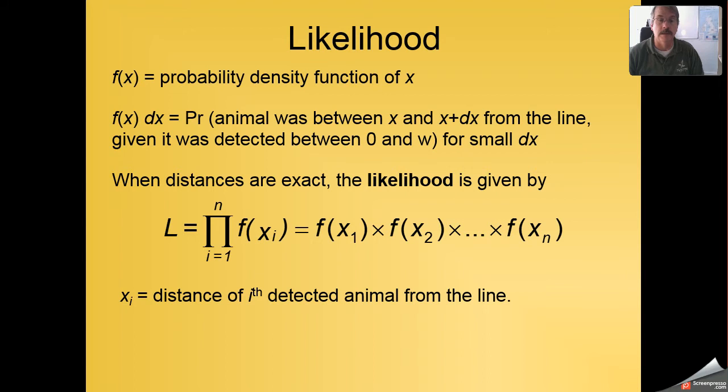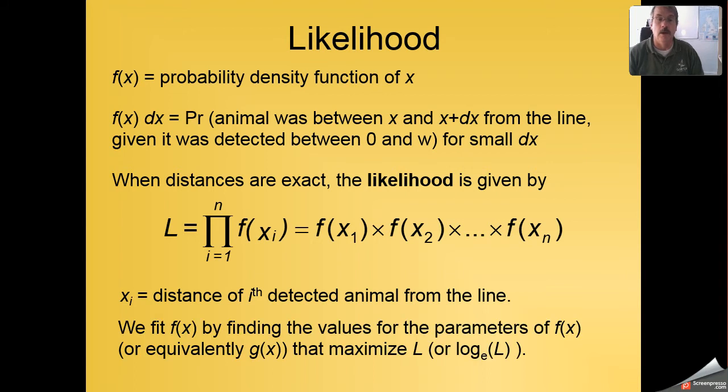So the process then becomes one of estimating parameters in our probability density function f of x such that the value of this product of all of these probability density functions, known as the likelihood, is maximized.